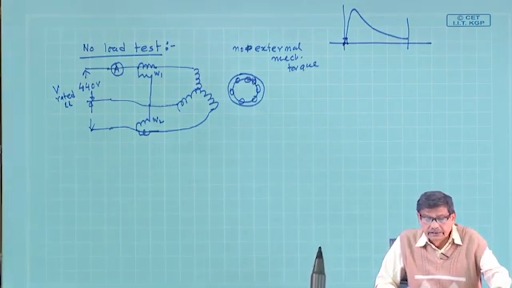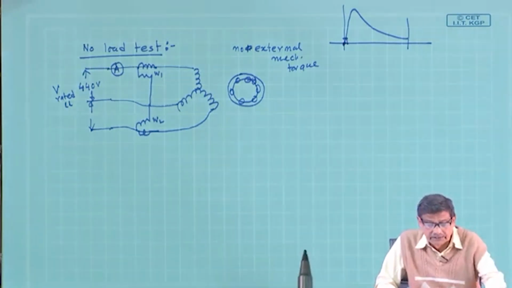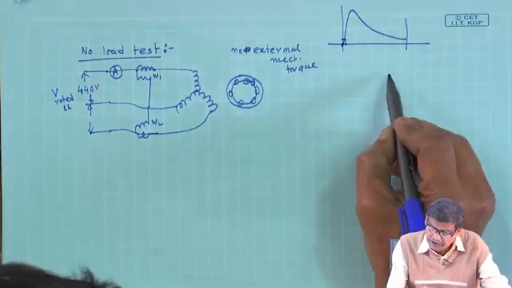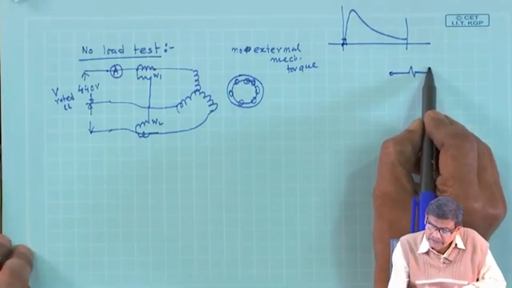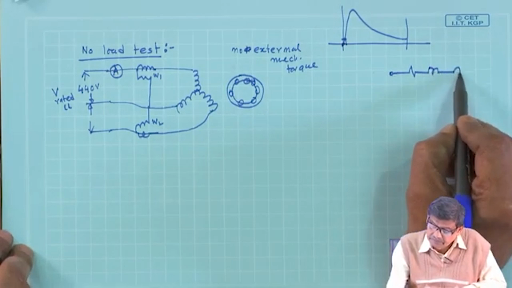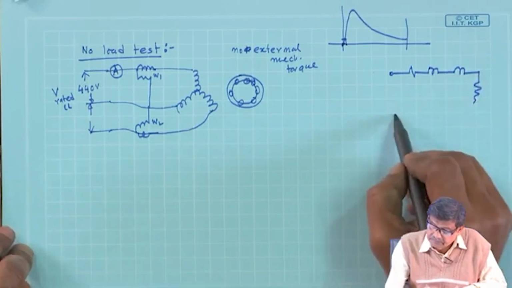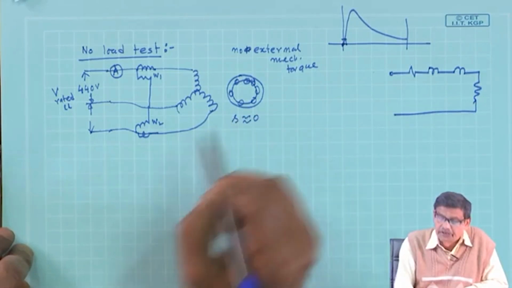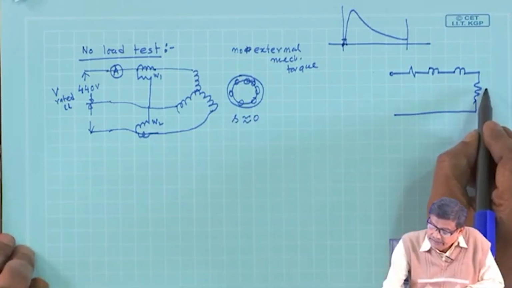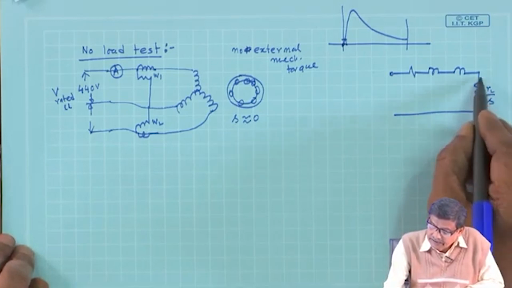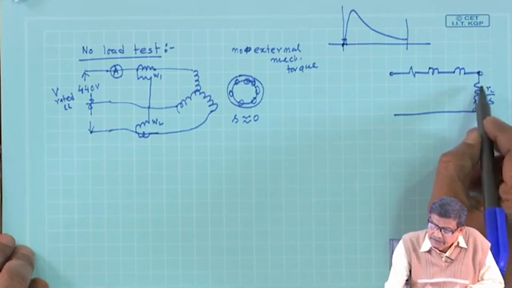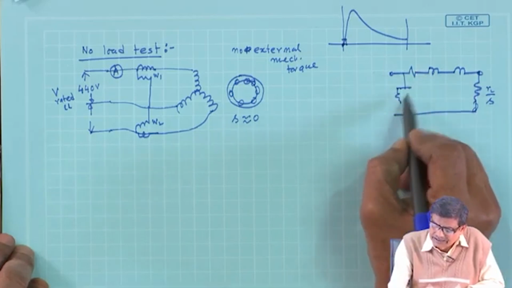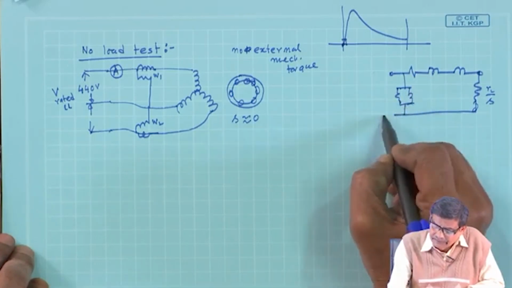Therefore, for this branch impedance, S can be assumed to be very close to 0 and this is R2 by S. So, this branch can be thought of as open, that is, this circuit practically does not draw any current.